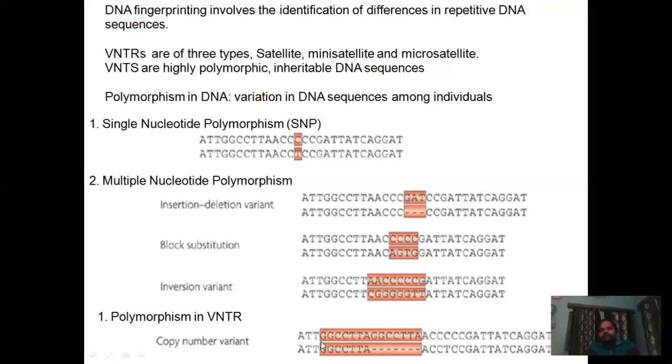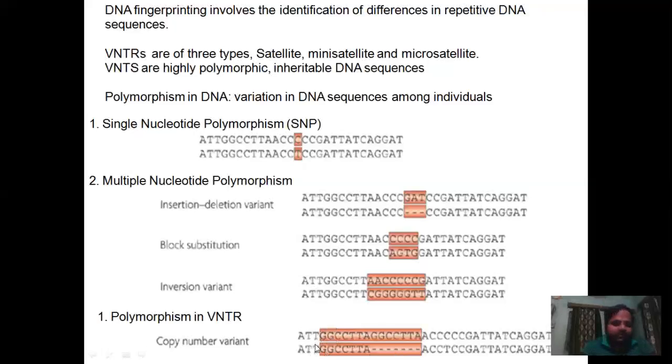This kind of polymorphism we can utilize for DNA fingerprinting. In one individual the sequence is repeated two times, and in another person it is repeated one time.